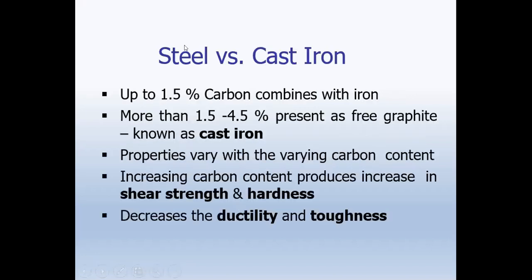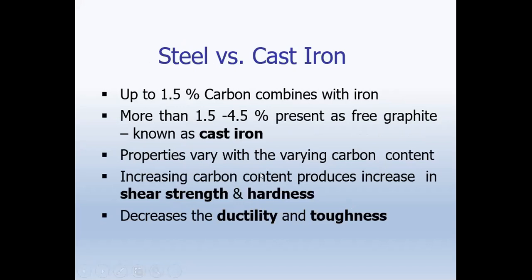Again, we said that we can differentiate steel from the other types of cast iron products by considering the amount of carbon in that particular material. And we said that the higher the carbon content, the higher the shear strength and hardness, but the lower the ductility and the toughness.